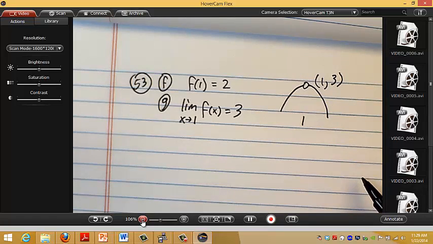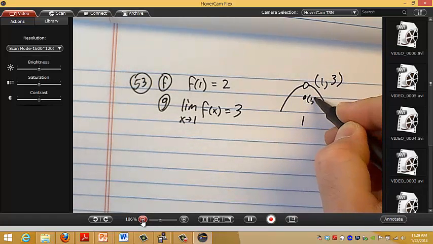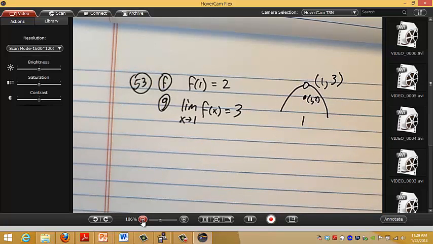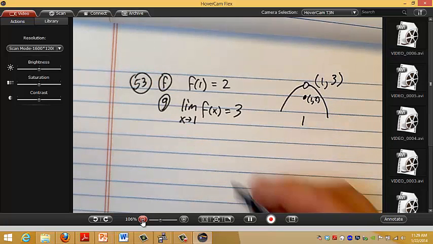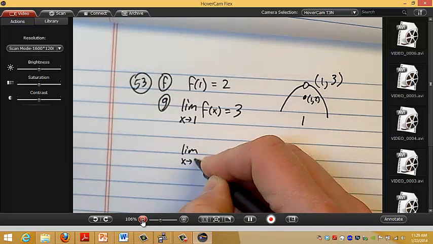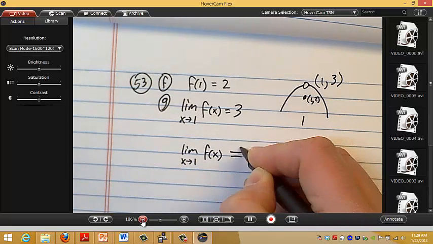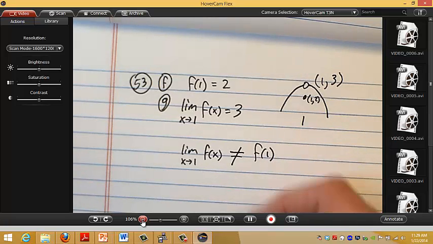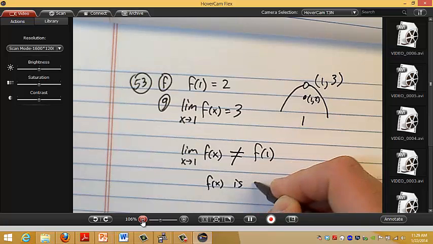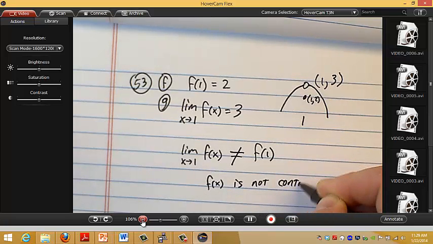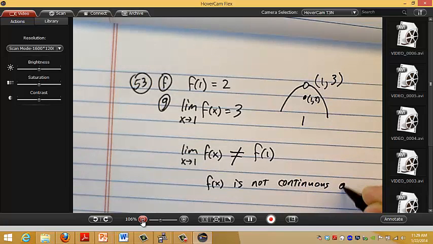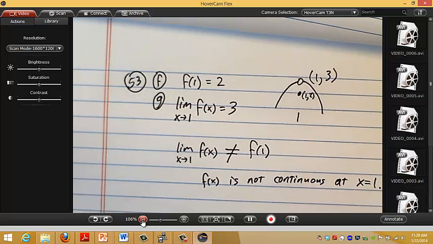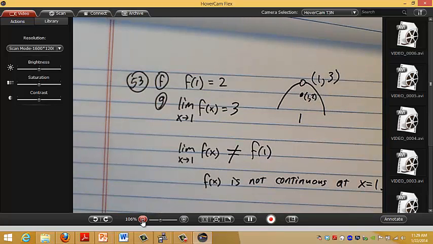But here's the point 1, 2. And that's how I got part F. So in this situation, I would say that the limit as x approaches 1 of f of x does not equal f of 1. In other words, f of x is not continuous where? At 1, 3. We usually just say the x value, at x equals 1. Not continuous at x equals 1. So I think that's helpful.